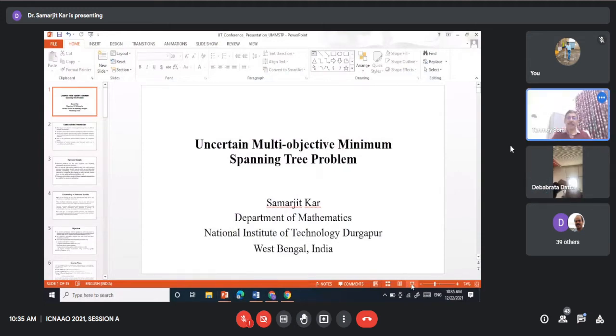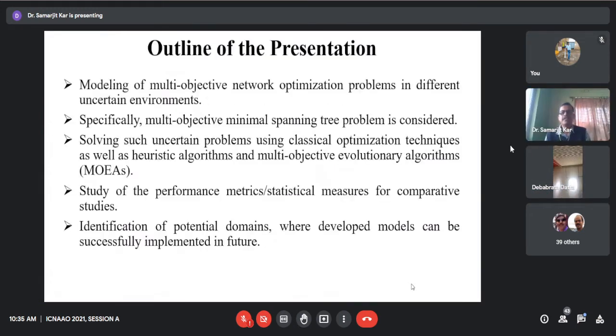Actually, during the last few years, we have been working on uncertainty-based modeling for network optimization problems, and especially for multi-objective network optimization problems.